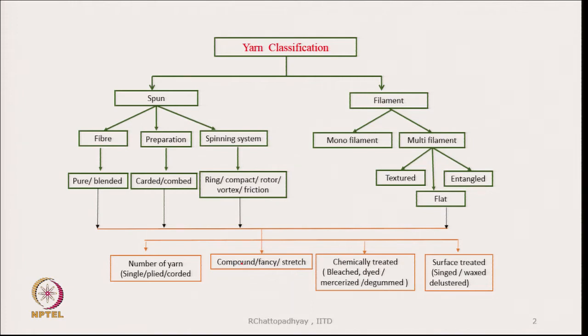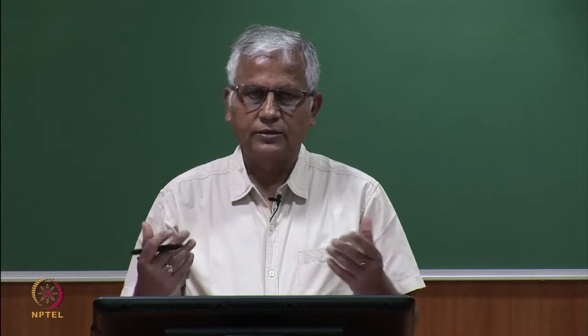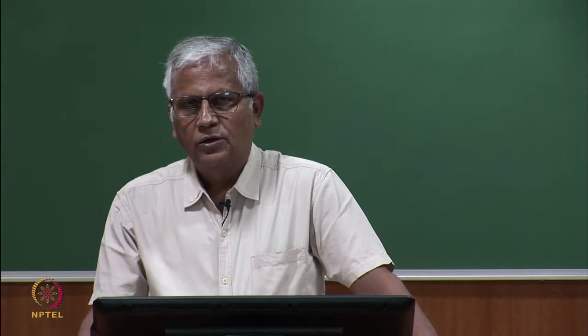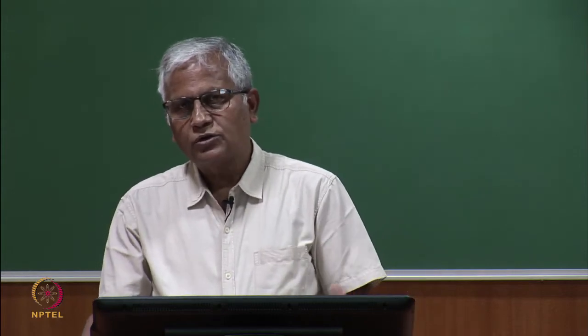So, you see that the world of yarn is very big, and there are so many different types of yarns, and when you want to make something out of these yarns, there could be a lot of differences in the physical appearance of the fabric or the properties of the fabrics. So, as a designer you have lots of choice to manipulate or to engineer the properties of the final product.